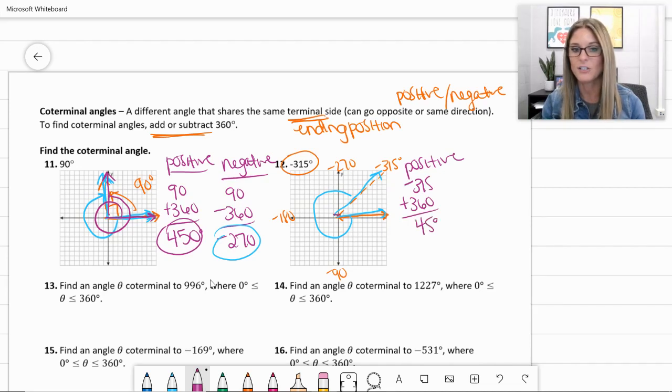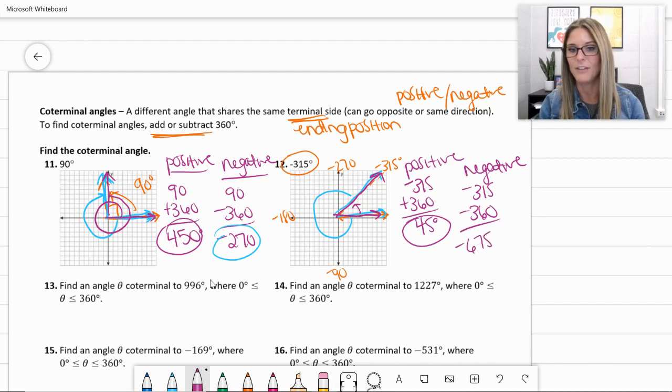Let's check that. If I start at the standard position and I graph a positive 45 degrees, is that not in the same position? Absolutely. 45 degrees is coterminal with negative 315. If I do a negative value, if I was to subtract 360 from negative 315, we would get negative 675.